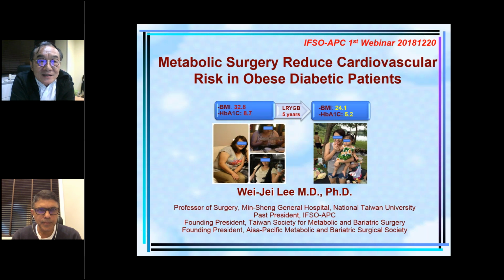As I mentioned, metabolic surgery has only been around for one decade in Asia. So when we look at the outcome, I think major cardiovascular disease is probably the first thing we can see. For the microvascular, like you mentioned, the renal disease, eye disease or amputation, I think we need even longer follow-up.